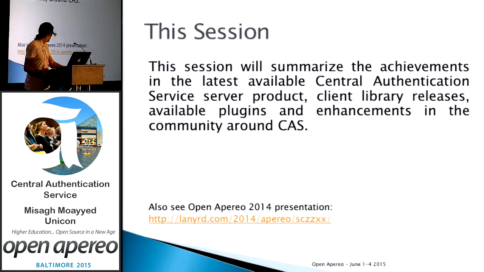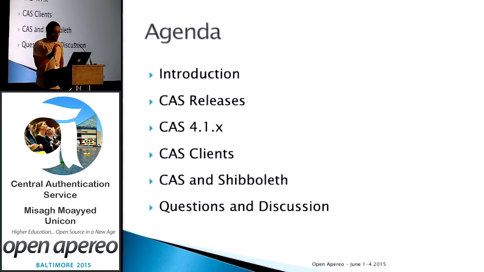There's a link at the bottom of that slide that attempts to cover some of the features that the previous CAS release, namely CAS 4, attempted to offer. So I would encourage you to take a look at that presentation if you need to know a little bit more about the CAS 4 release in particular, while in this presentation we'll focus on what's happened since and beyond CAS 4.